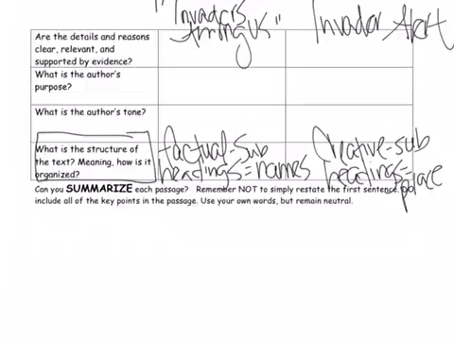Something else you could say about the text structure is that the Invaders Among Us, the more informative article, has less paragraphs for each section.